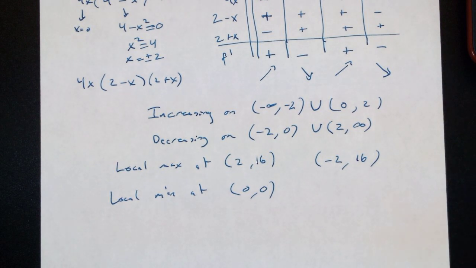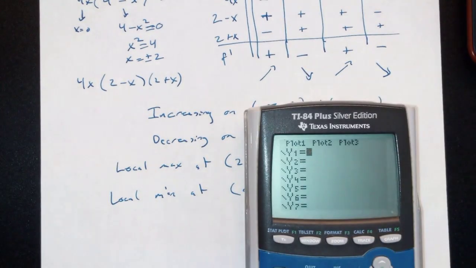However, if you hate doing that sort of algebra in your head, you don't have to. I told you I hadn't even picked it up yet, right? Put our original equation into y1. 8x squared minus x to the 4th.